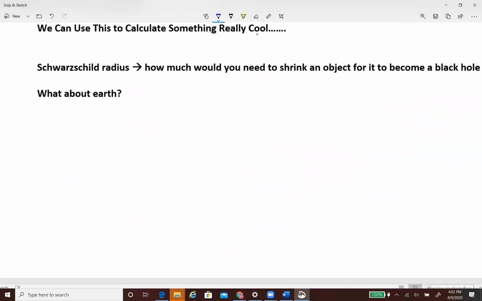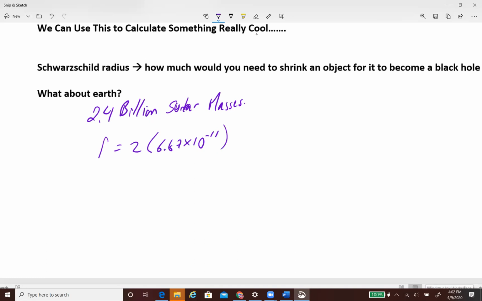So Messier 87 is supposedly 2.4 billion times the mass of the sun, so it's basically 2.4 billion solar masses. When I was playing around with this, if you put that in the equation for the Schwarzschild radius, the formula has worked so far.